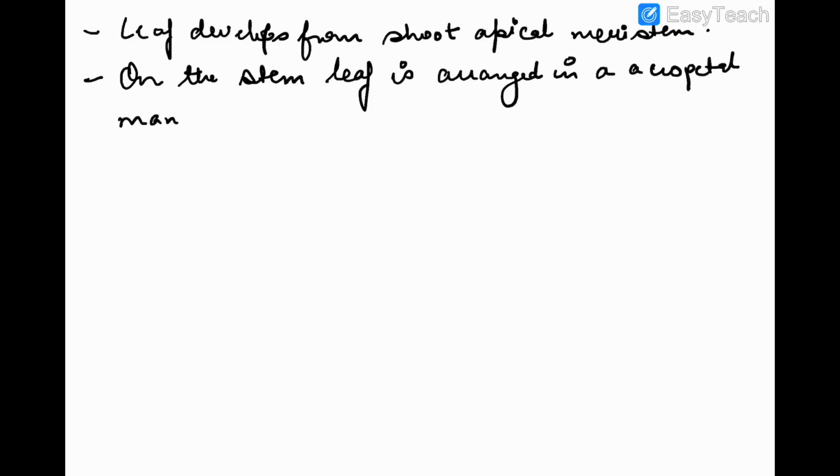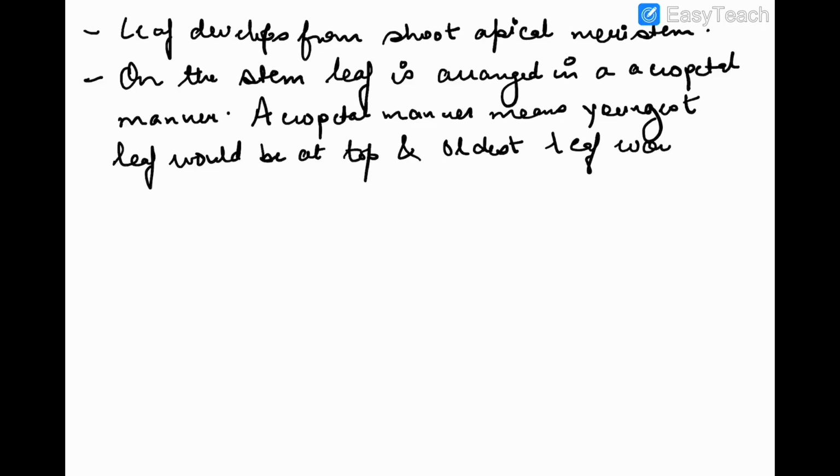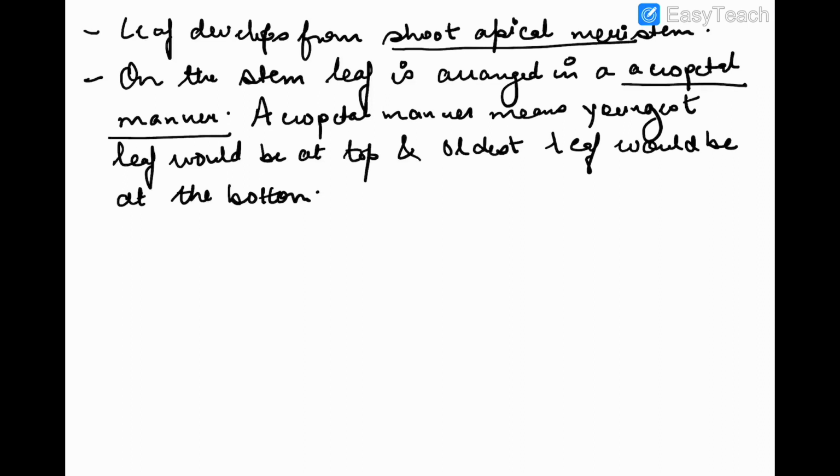Acropetal manner means youngest leaf would be at the top and oldest leaf would be at the bottom. So leaf develops from shoot apical meristem and it is arranged on the stem in an acropetal manner.